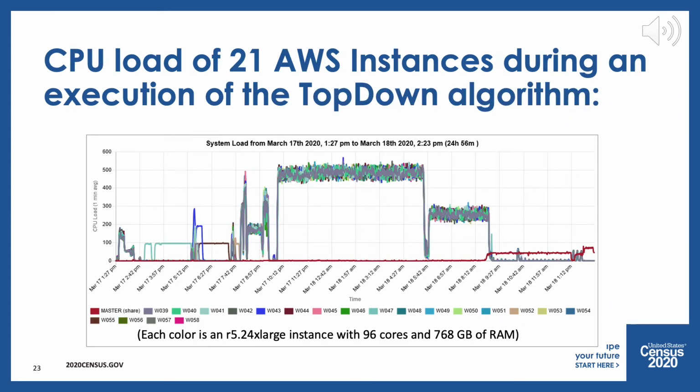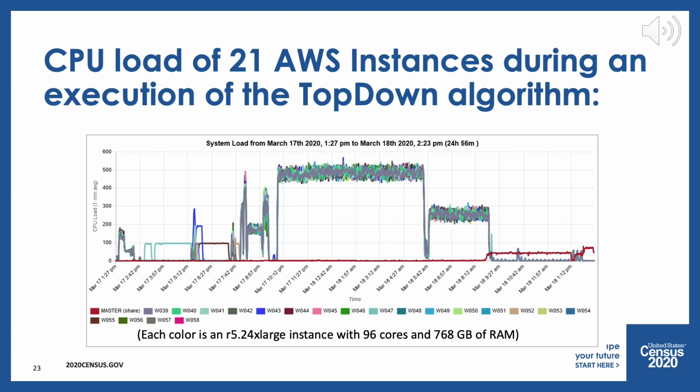So this graph shows the CPU utilization of the nodes in one of our EMR clusters. Each line represents the average CPU load of one of the nodes. There are 21 nodes, and each one has 96 cores. When the lines are over 96, those machines are overutilized, and when they're under 100, those machines are largely idle.